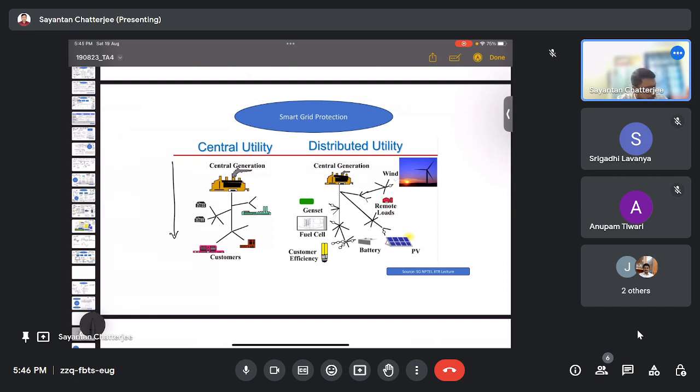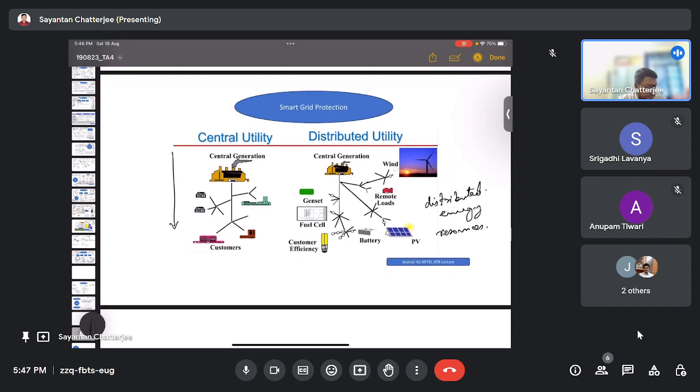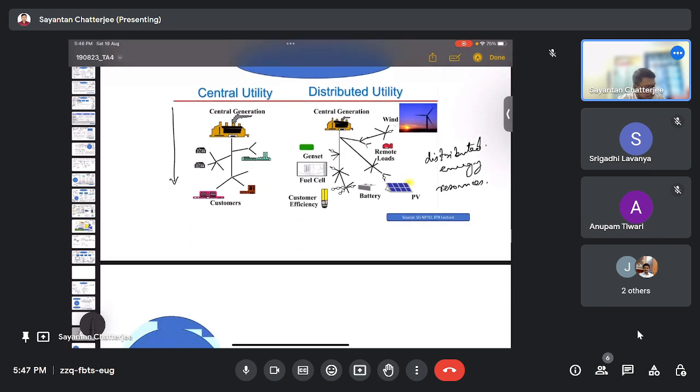But presently, with the penetration of distributed energy resources, the protection scheme is becoming more complex, and hence to give proper protection, smart grid protection needs to be established in a better fashion.